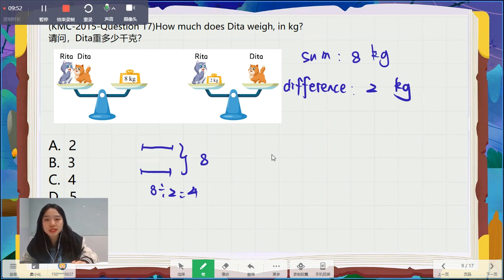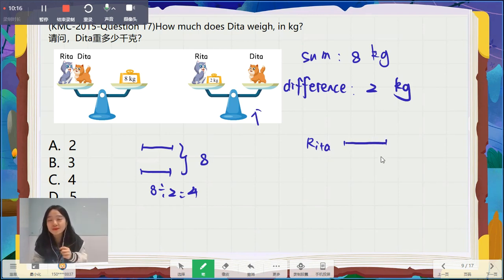But now let's see, if we use lines to represent each cat, the rule is the longer line represents the larger number, and the shorter line represents the smaller number. Because Rita is highlighted, Rita's line should be shorter. And how about Dita? Dita's line should be longer.